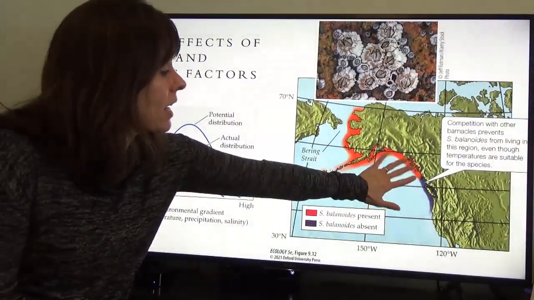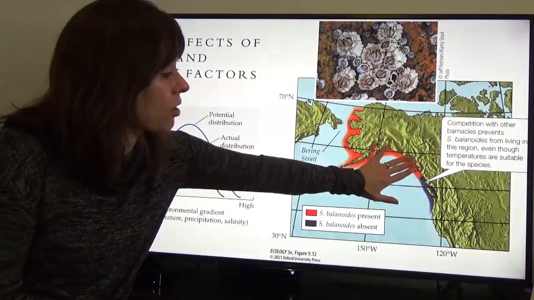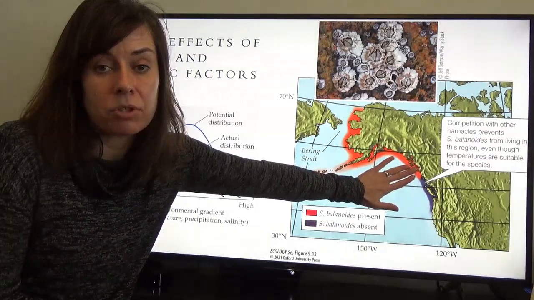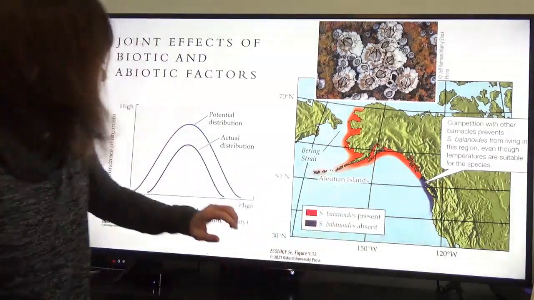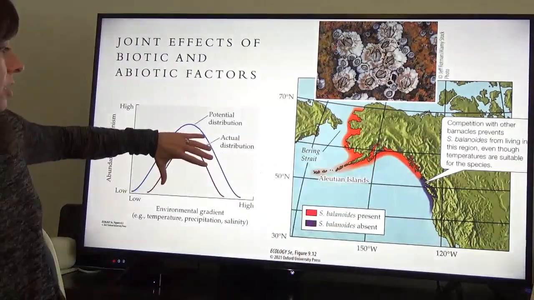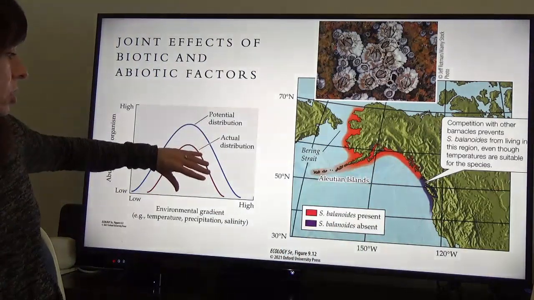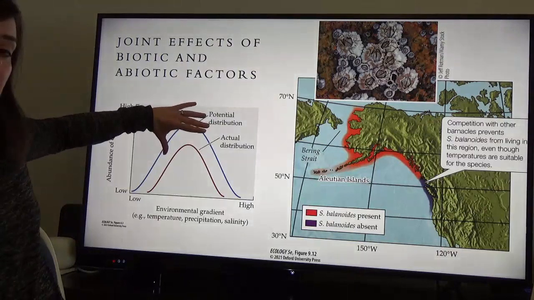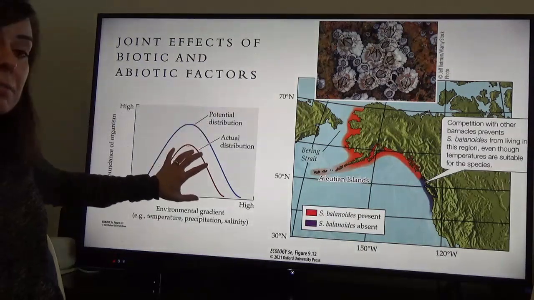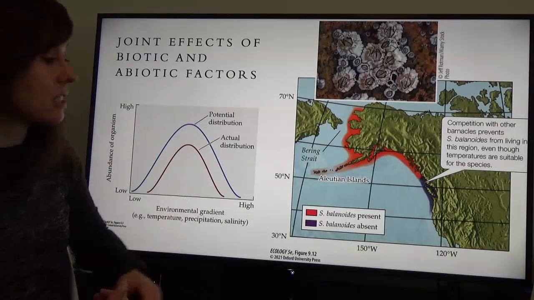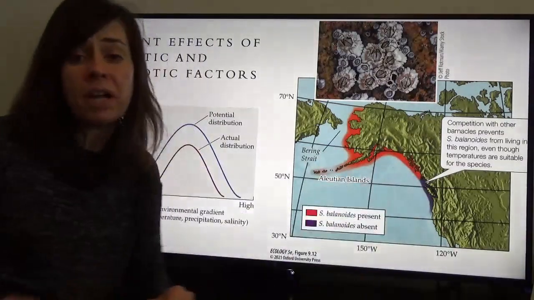So its range is restricted to these colder areas where some of those other competing barnacle species are not able to occur. All right, so this is a great example where the potential distribution or fundamental niche is reduced to a smaller actual distribution or realized niche based on biotic pressures.